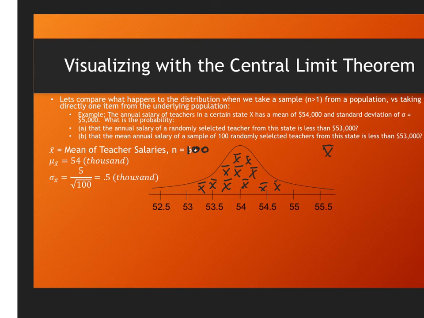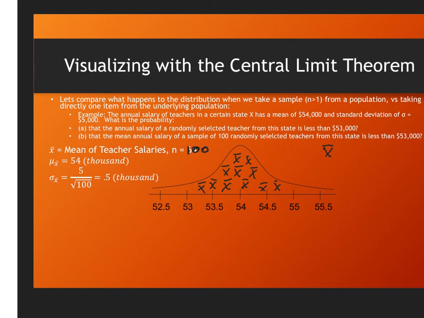It's the distribution of an infinite collection of samples of size 100 selected randomly from my population, where I take those 100 and I take their average. And then I organize those thousands and thousands of samples of size 100.